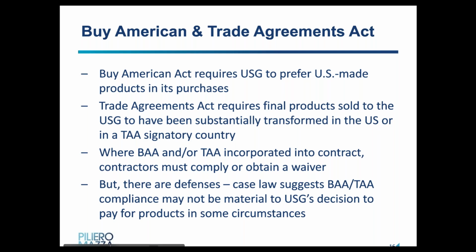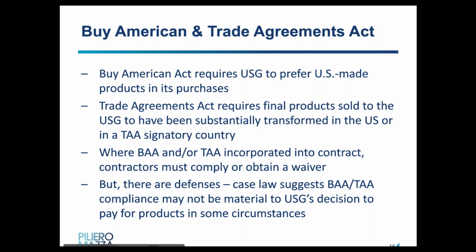But the key obligation is this: you can still provide or offer to provide products from non-compliant countries, but you have to tell the government when you're providing products from those countries. You have to let the government know in your proposal up front, so that the government can make a determination of whether an exception applies and whether there should be a waiver of BAA or TAA.